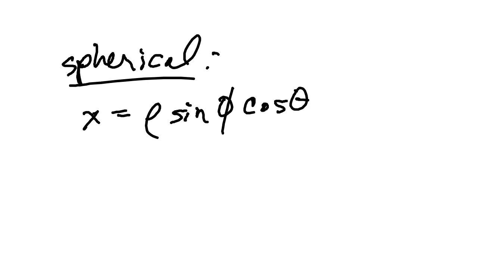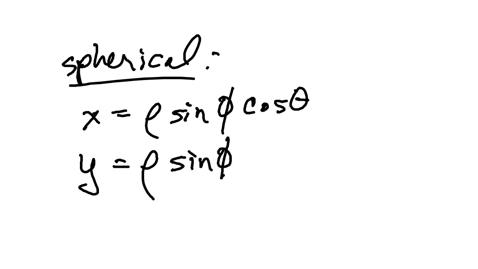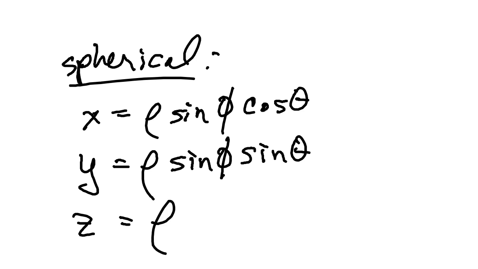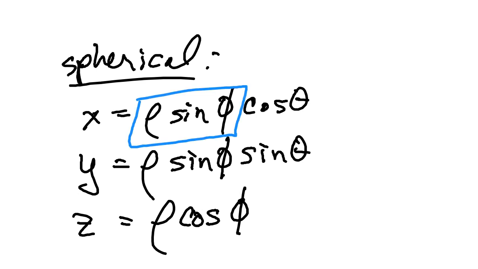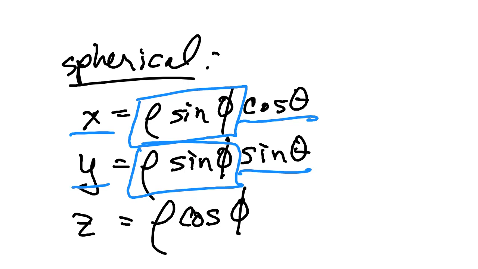And y equals rho sine phi sine theta. And z equals rho cosine phi. I think the best way to remember this is, we've got rho sine phi for x and y, and for x I'm going to attach that cosine theta, and I'm going to attach the sine theta on the y.